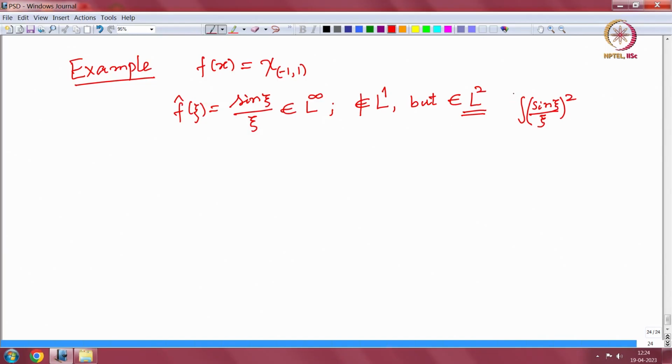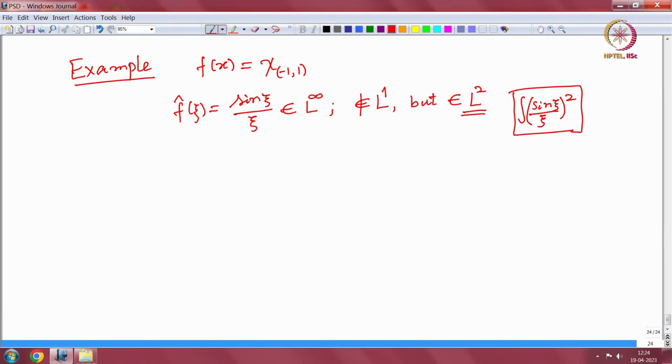That will come back. For the time being, you can just do this computation and verify that this f cap is given by this simple expression. More generally, you can take any finite interval and compute its Fourier transform.